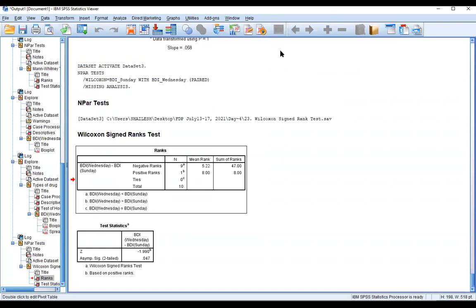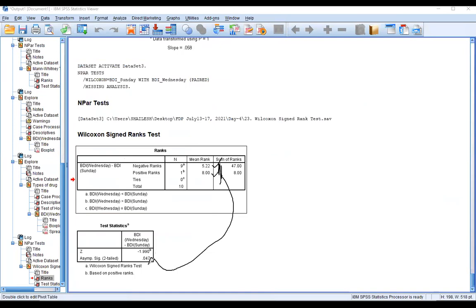Now the rank of day 1, Sunday, is 5.22, and another day Wednesday rank is 8. Whether this difference is significant or not, who will tell us?